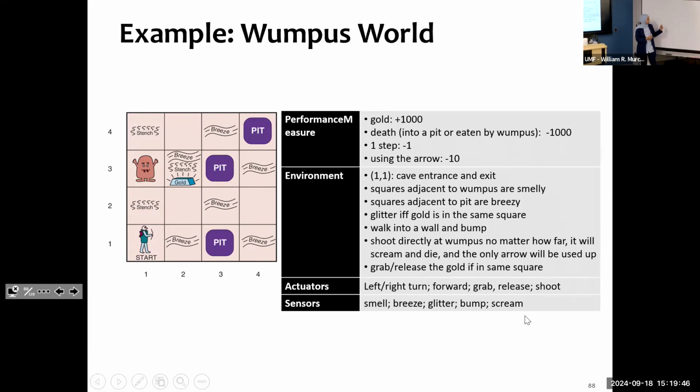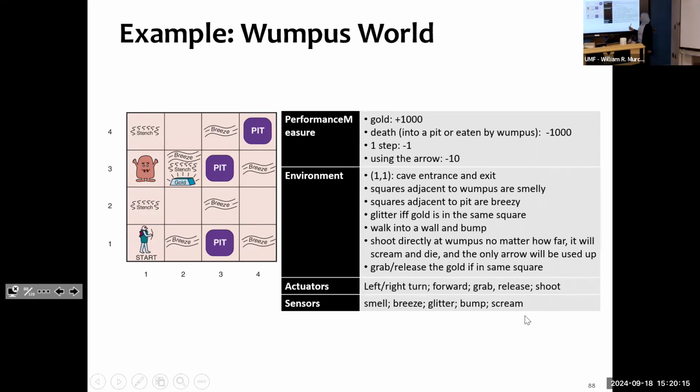So as additional knowledge, this first entrance point is the same as the exit. So it's not only about reaching the goal, but successfully coming back to the same point from where the agent started, okay? After that, the agent is going to reach the glitter, which is in the same room where we have the gold.